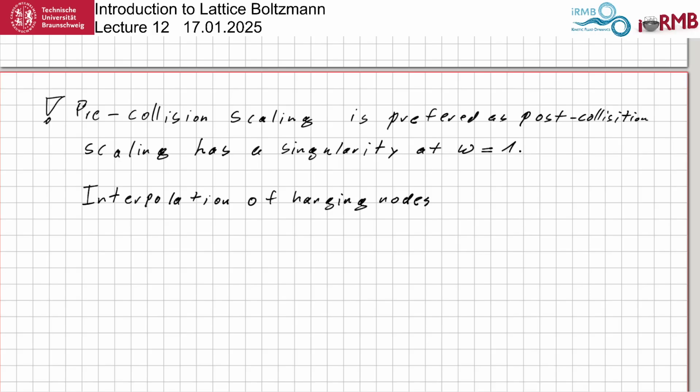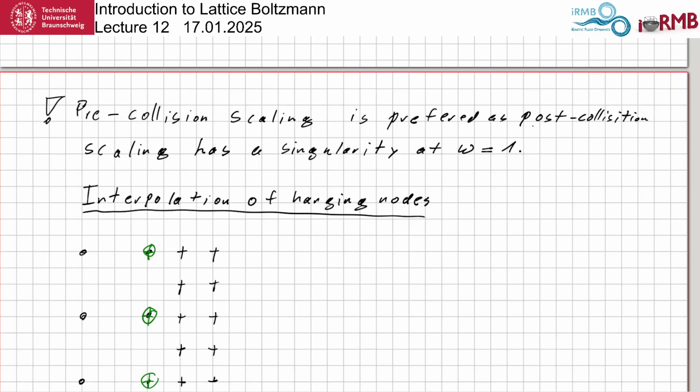So hanging nodes is, in numerics, also a common term that is also used for finite elements, for example. Say we have our two grids like this. So then we have overlapping nodes. These overlapping nodes are these here.